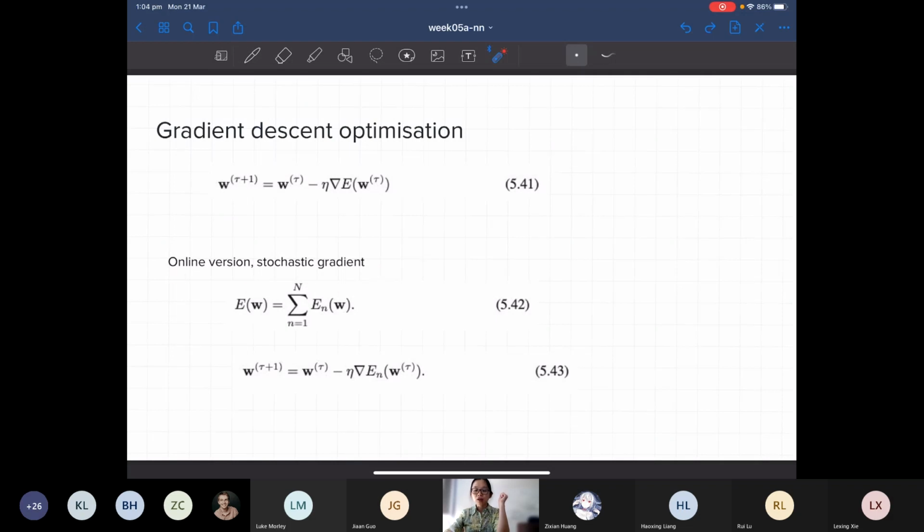We've already also mentioned it a few times in this class, meaning the error function is decomposed into a sum of error terms on each training data point, and we can just take small steps based on information from, say, an idealized one training point, but in practice a small mini batch of training points, right?